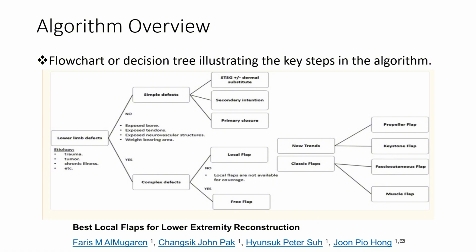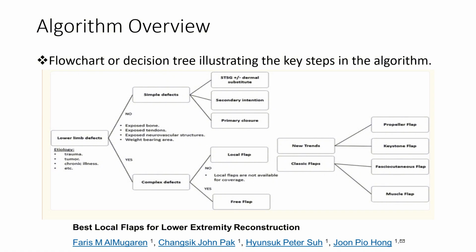So for a lower limb defect, we should start by assessing the etiology, as we saw in the previous slide. Then we can classify them as a simple defect or a complex defect. A simple defect is a defect where there is no exposed bone, exposed tendon, exposed neurovascular structures, or exposed weight-bearing area.